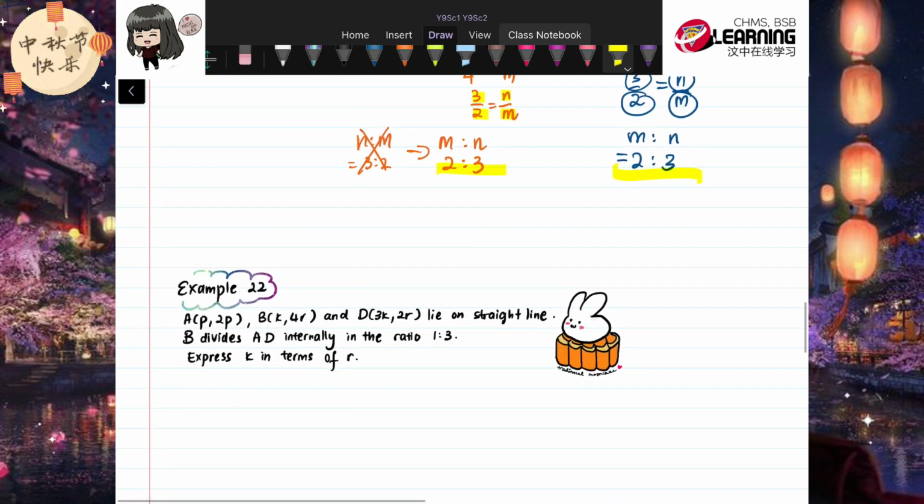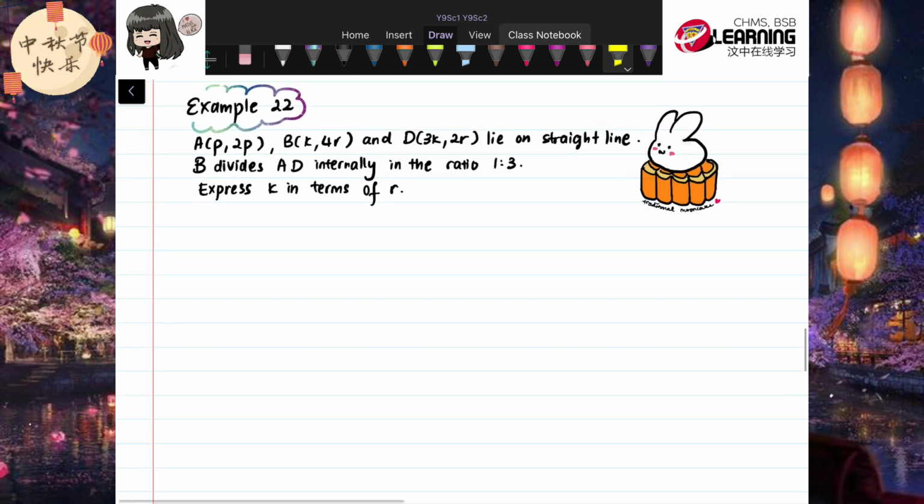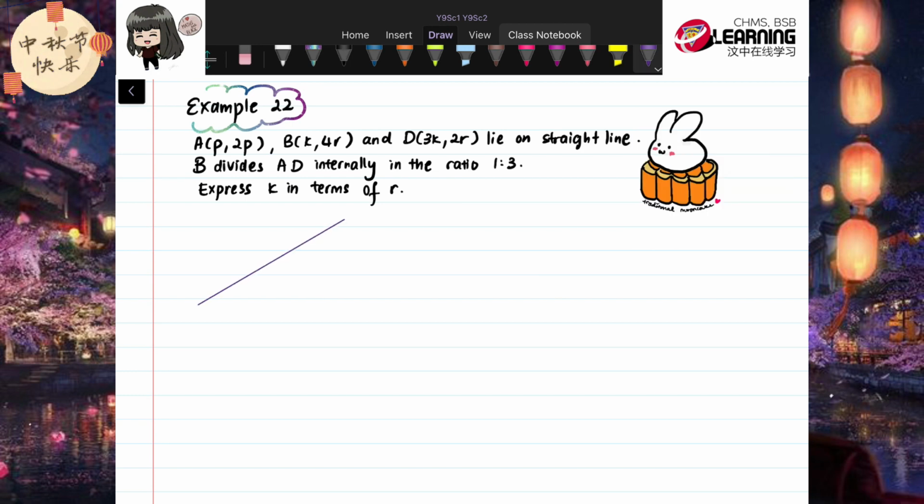So now, if we want to do example 22, the last example for today, before I give you work to do. So this one, A, B, D lie on a straight line. Okay, we have a straight line of ABD. A here, P to p.